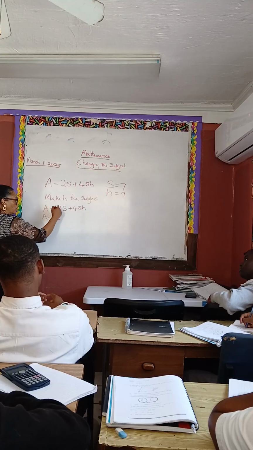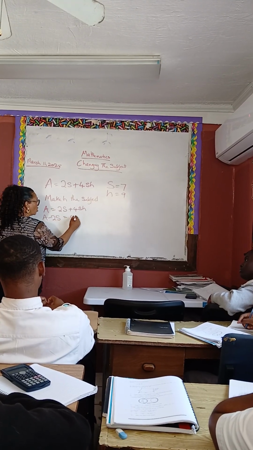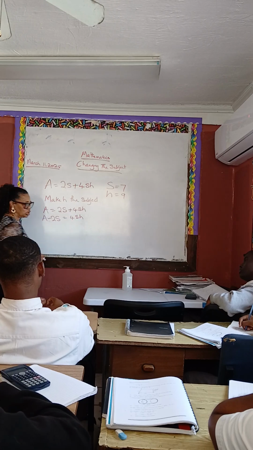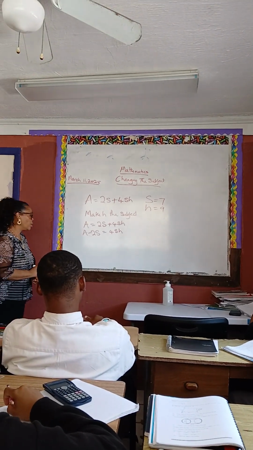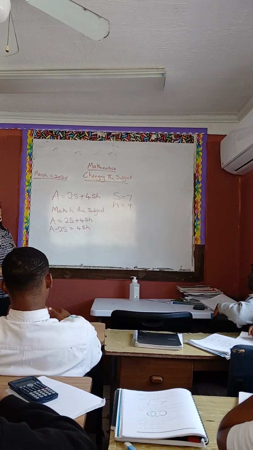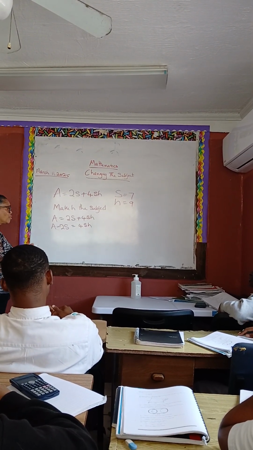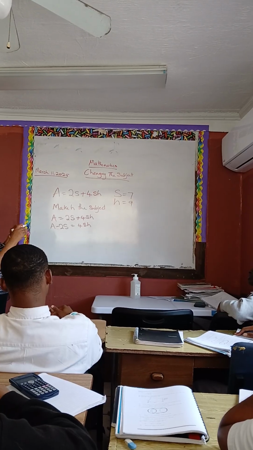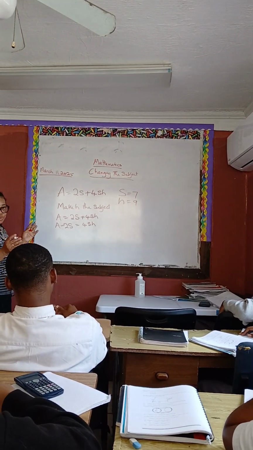That's the first piece I'm bringing over. A minus 2S leaves me with 4SH. Step 1. Now, what am I going to bring over next? I'm going to bring over 4 first, then I'm going to bring over S, or I can bring over 4S, whichever way we want to take it.